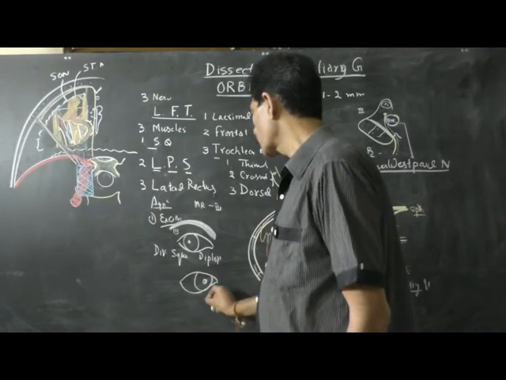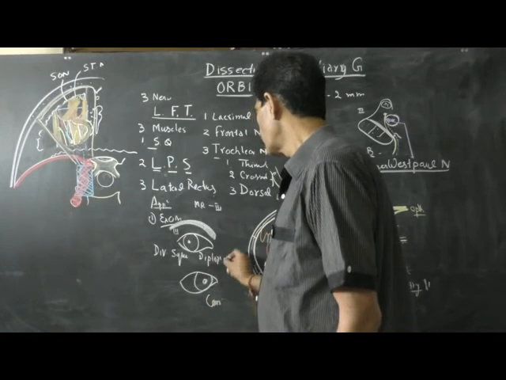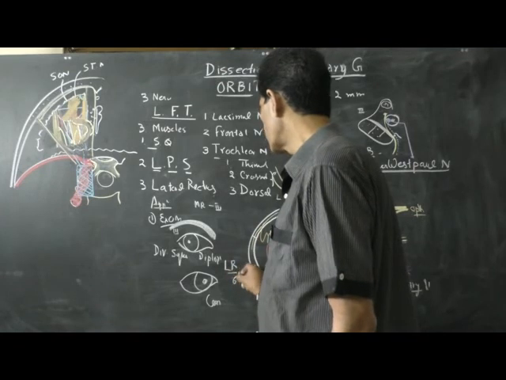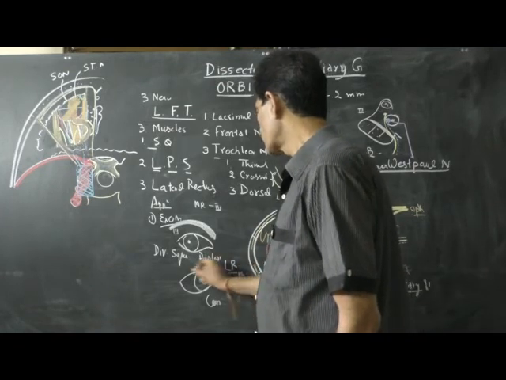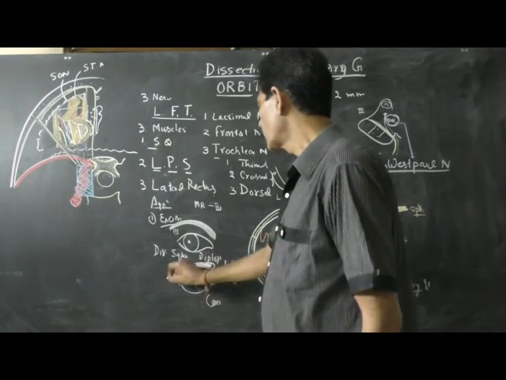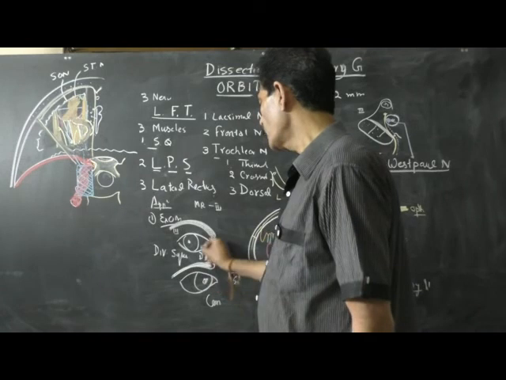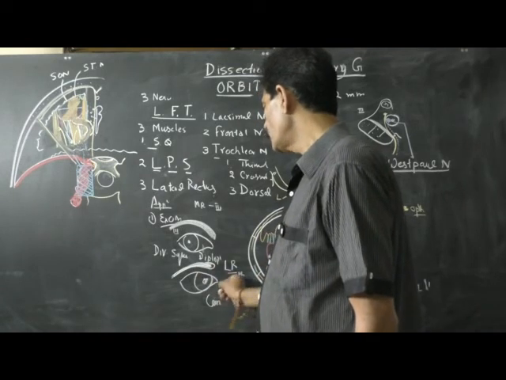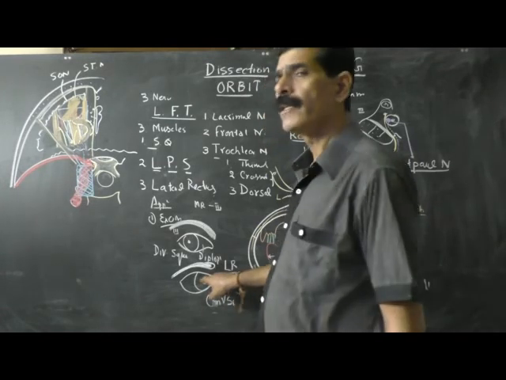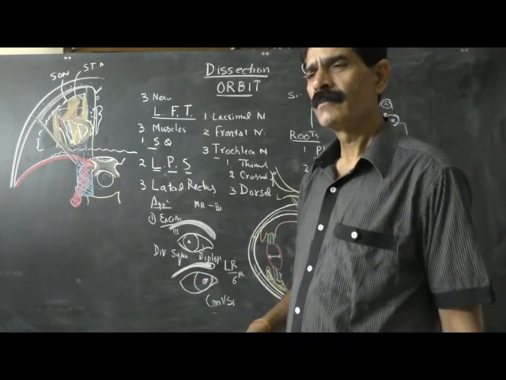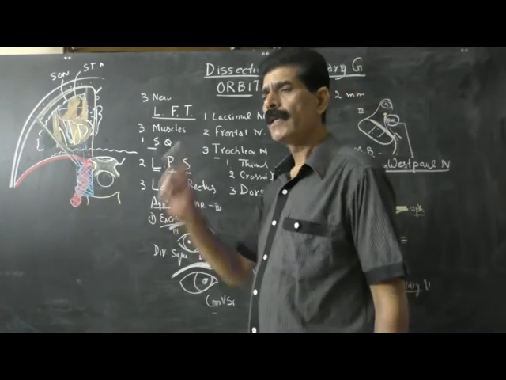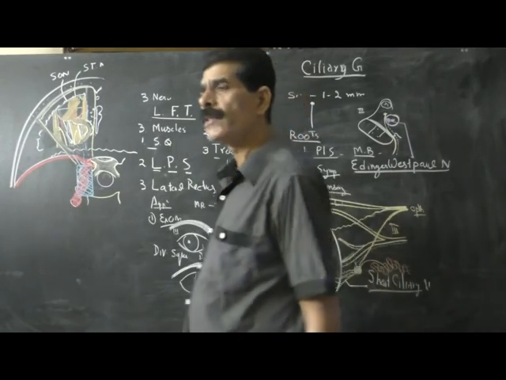This is the convergent squint in lateral rectus or sixth nerve injury. So the patient will come, and when you examine, the eyeball is rotated medially, so it is called the convergent squint. Again, the patient has diplopia also. So these are the squints encountered due to lateral rectus and medial rectus injuries.